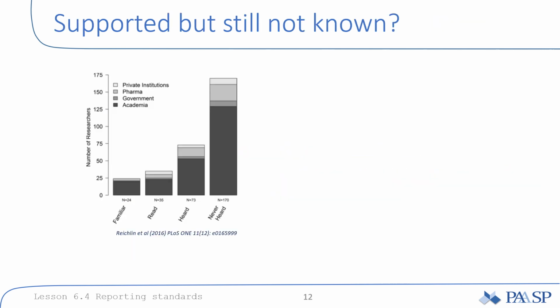The main question, however, is of course whether or not scientists do actually use the publication guidelines. This is a survey from 2016, and the authors asked about 300 scientists from different interest groups whether they have heard about the ARRIVE guidelines and whether they are indeed familiar with them. And as you can see, the majority of survey participants has actually never heard about these guidelines.